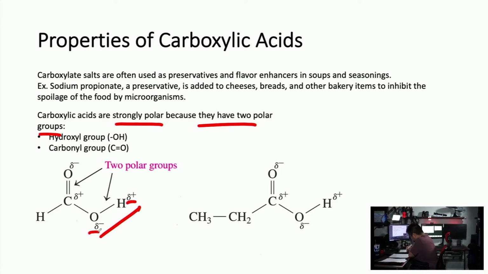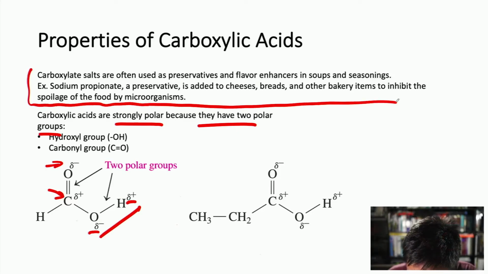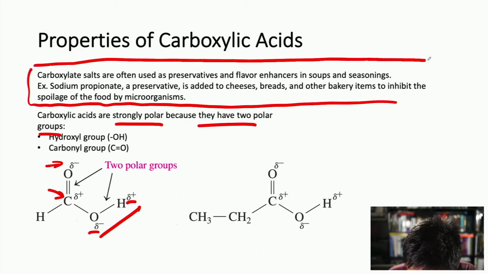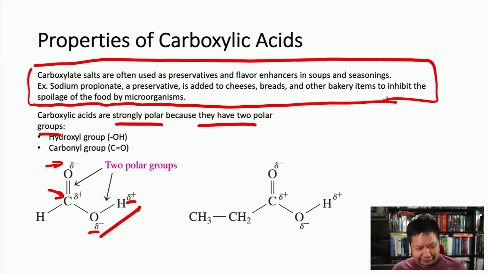And we already know how polar the carbonyl group is: positive over here at the carbon end, and very negative at the oxygen end. So that makes it a very polar molecule with polar constituents. And this part right here, a very interesting fact, is on the wrong slide, so we'll get back to that later.